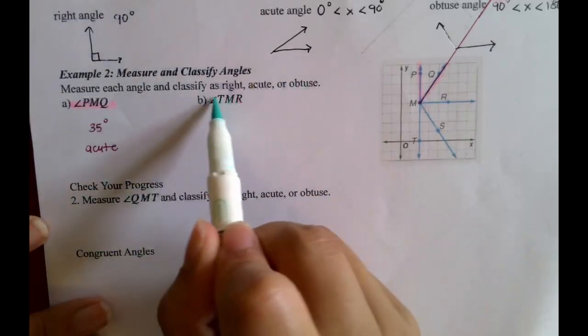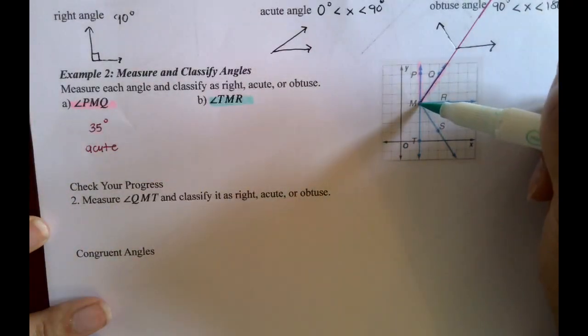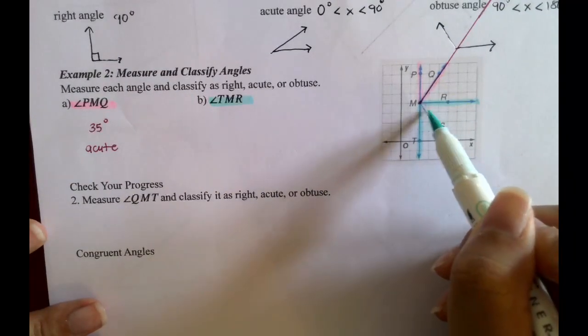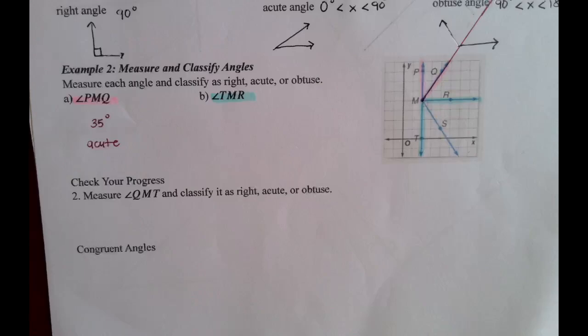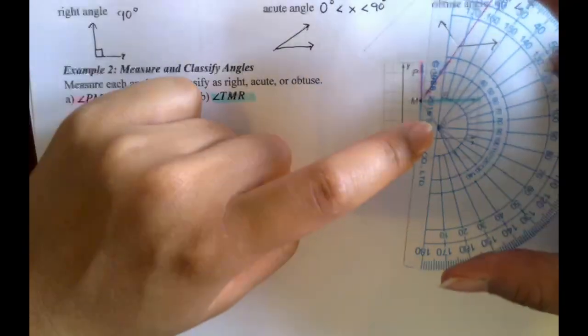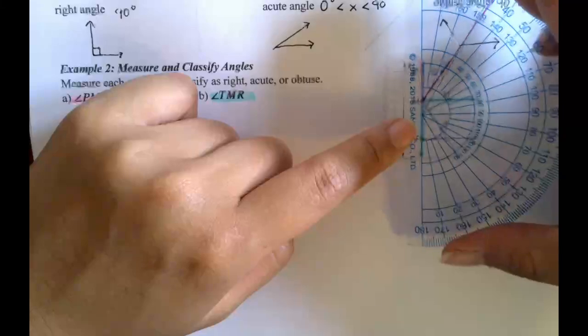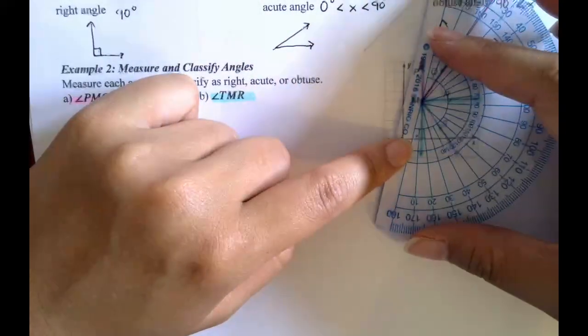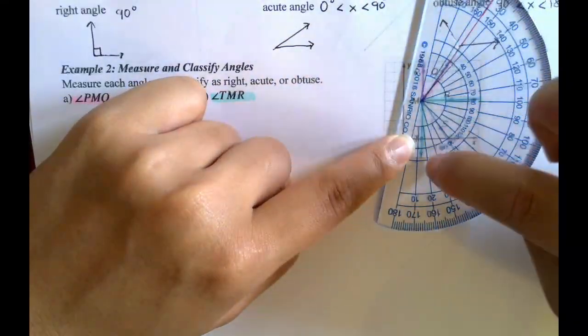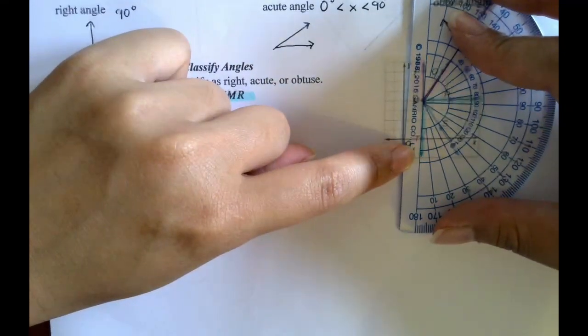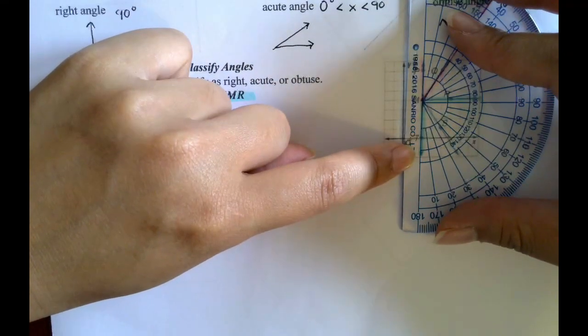So this one is TMR. Okay. This one you don't have to measure it because it actually even gives you a symbol. Okay, but just to practice measuring them, we're going to do that. Okay, we're going to match our vertex of our angle to either the circle, dot, cross, whatever we have in the middle of our protractor. Okay, then we're going to match one of our sides to the line of our protractor.